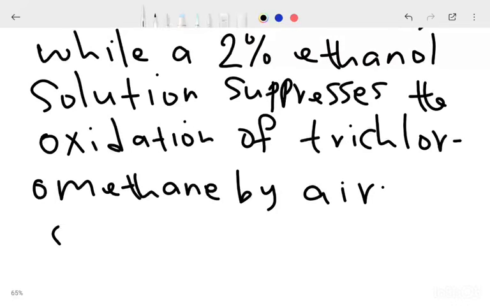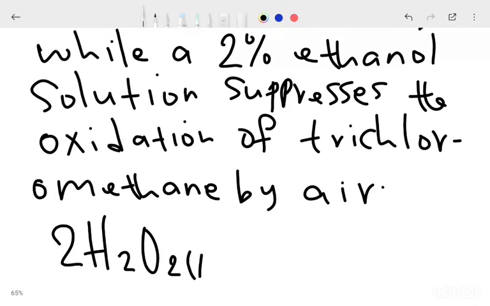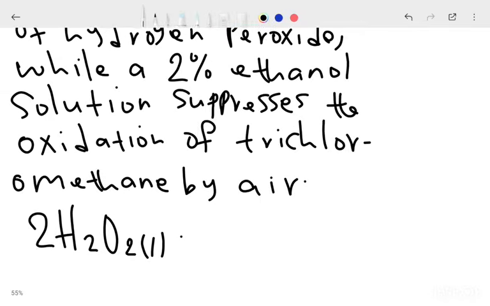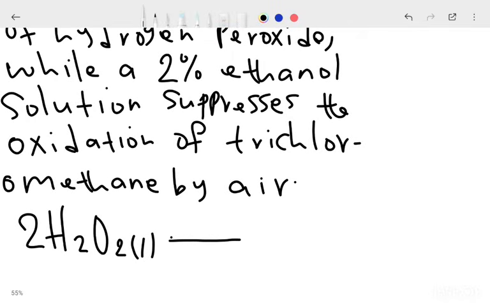So this is the reaction. Write it. There's liquid. What is the name of this compound?